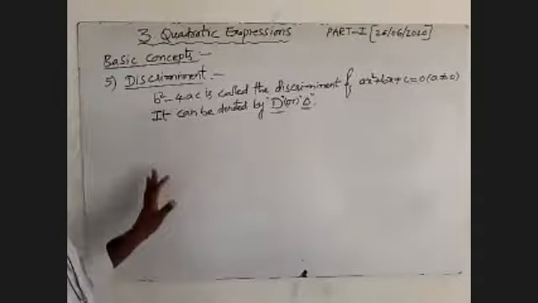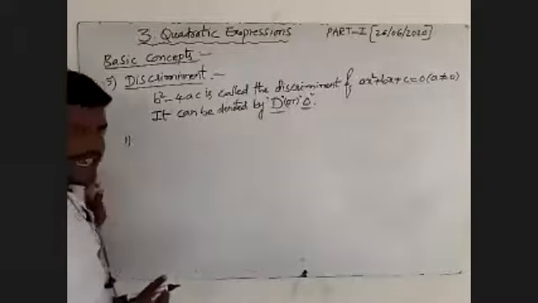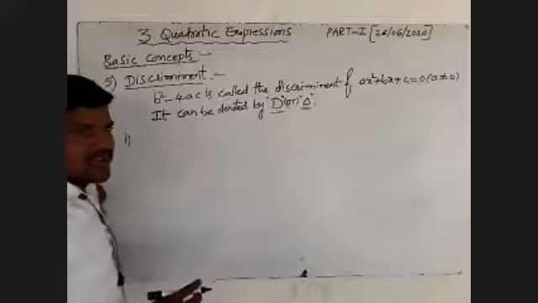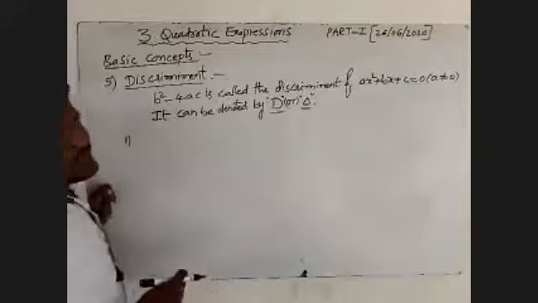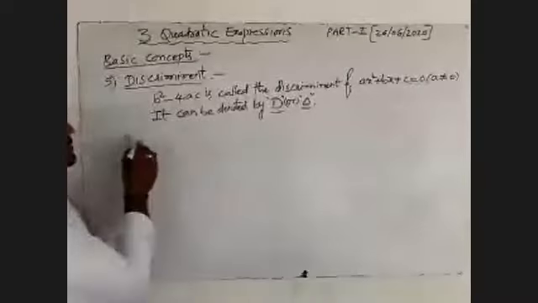We will observe this discriminant is sometimes greater than 0, less than 0, or equal to 0. What the roots will be is considered in this given quadratic equation.